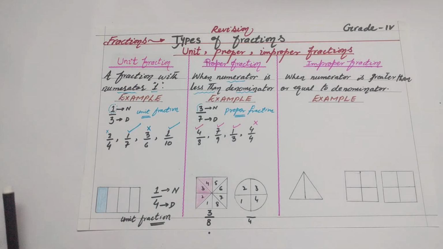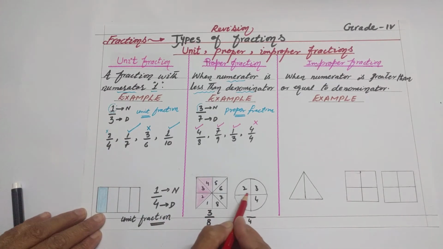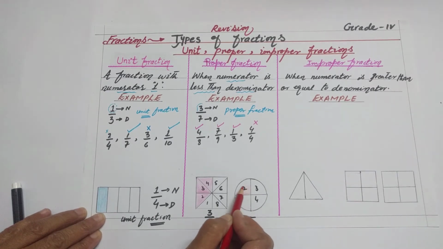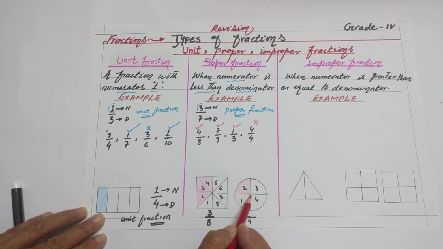Now to represent the proper fraction, I will color the parts less than the denominator. As the denominator is 4, I will color the parts which are less than 4. So 1 is less than 4, 2 is less than 4, 3 is less than 4.